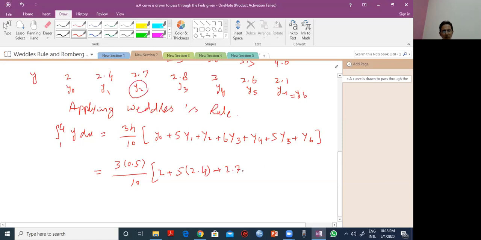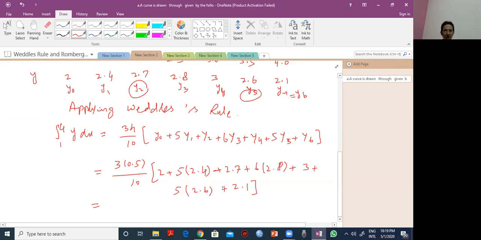Now plus 6 times y3, which is 2.8, plus y4, which is 3, plus 5 times y5, where y5 is 2.6, and the last value is 2.1. It is y6, yn or y6 we call it.